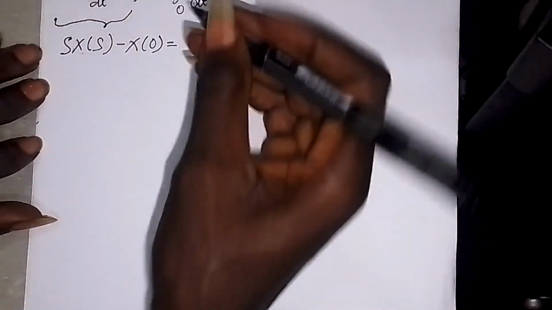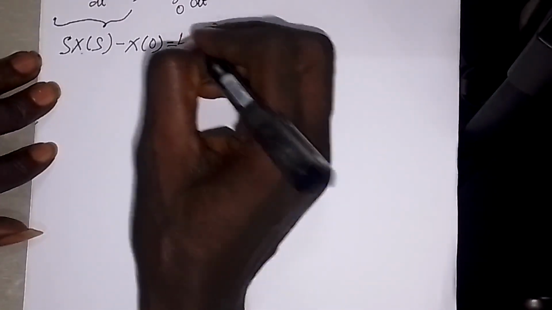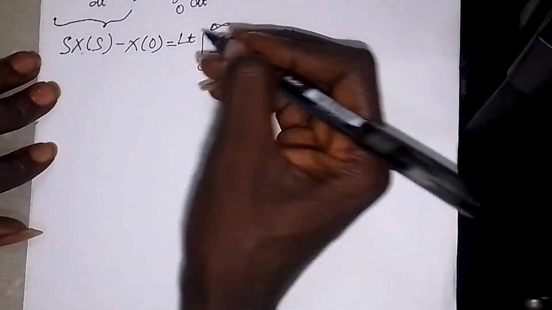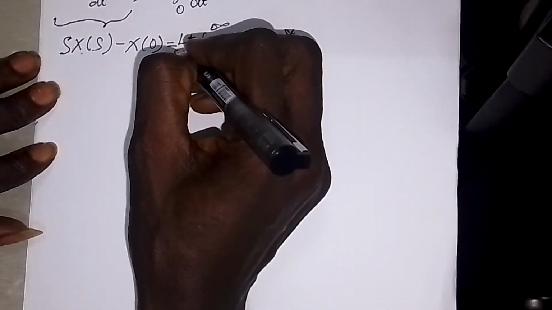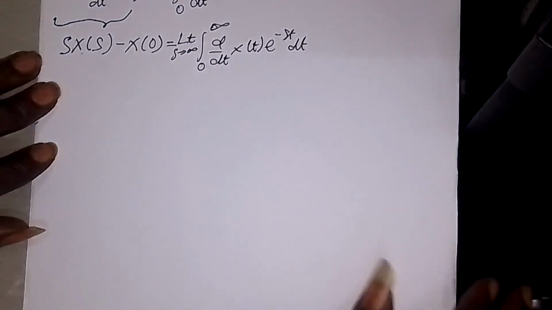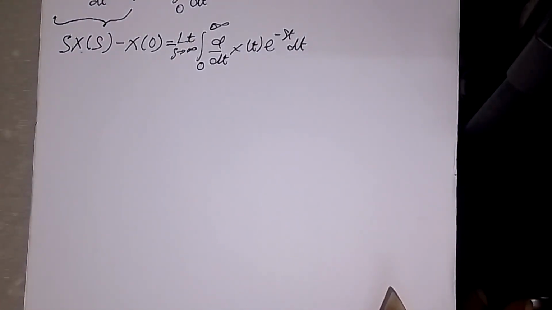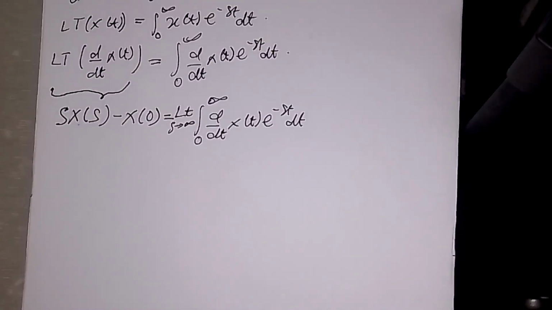I said that the limit as s approaches infinity. So now here I have to introduce the limit, limit as s approaches infinity. If s is approaching infinity, then I must introduce infinity into this particular equation.